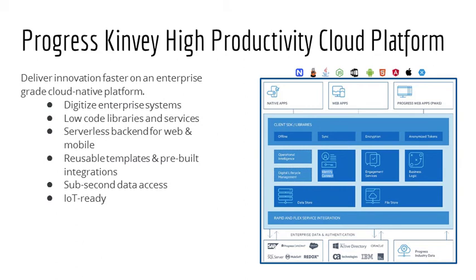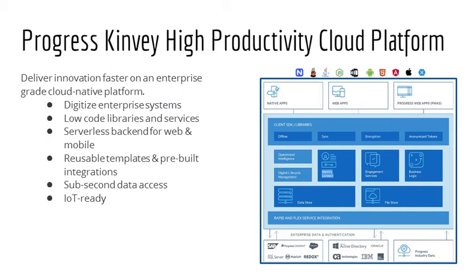A second option for a high-productivity cloud platform is Progress Kinvey. There are 4 reasons why Kinvey is a great choice. First, resource utilization. It lets you use your existing talent.